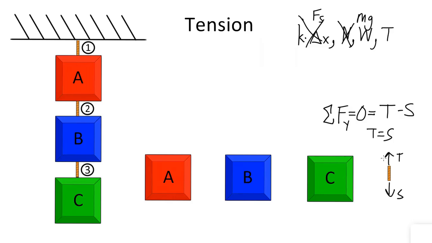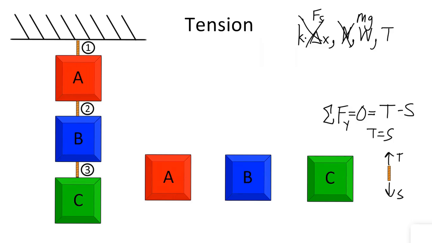Technically there would be a mass associated with it, but it's so negligible compared to the blocks in almost any problem that you're not going to be dealing with it at all. So I'm just pointing out tension is constant throughout a rope, and you'll see that's the case even with pulleys. It's a little bit different, but I'll talk about that more when I get there.